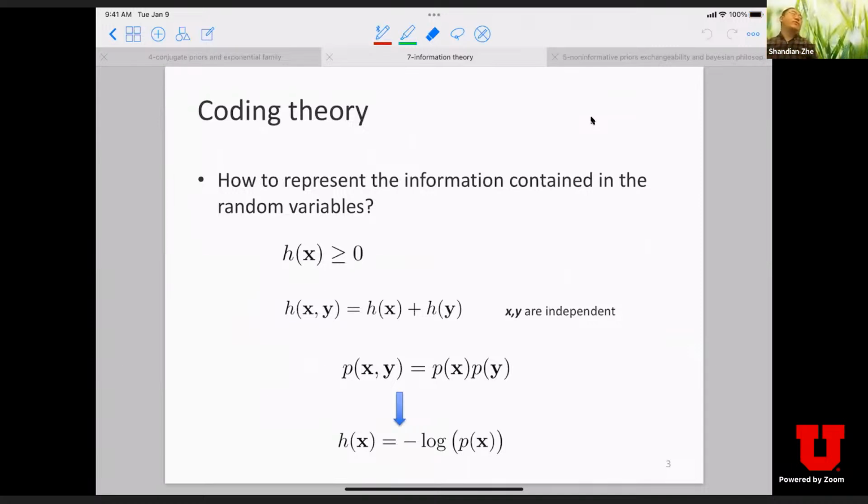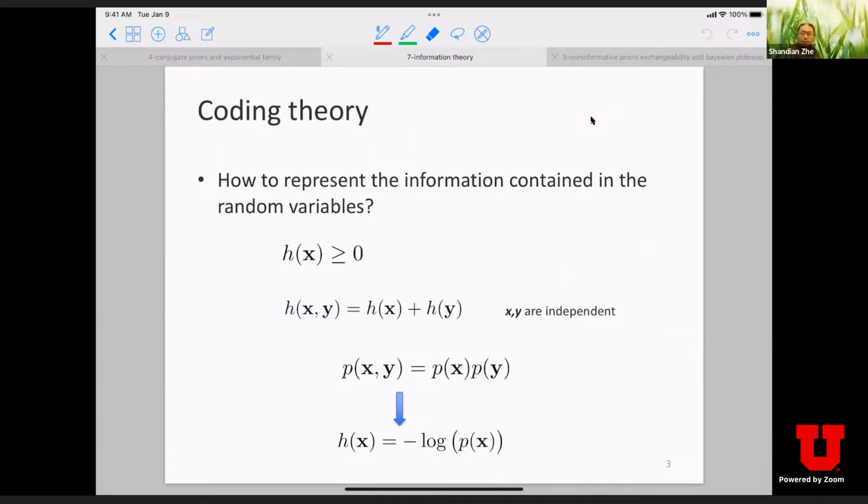Suppose these random variables are discrete. More than half a century ago, when Claude Shannon thought about this problem, he wanted to design a function which can represent the information contained in a random variable. And you can use this measurement function to compare the information contained in different random variables.